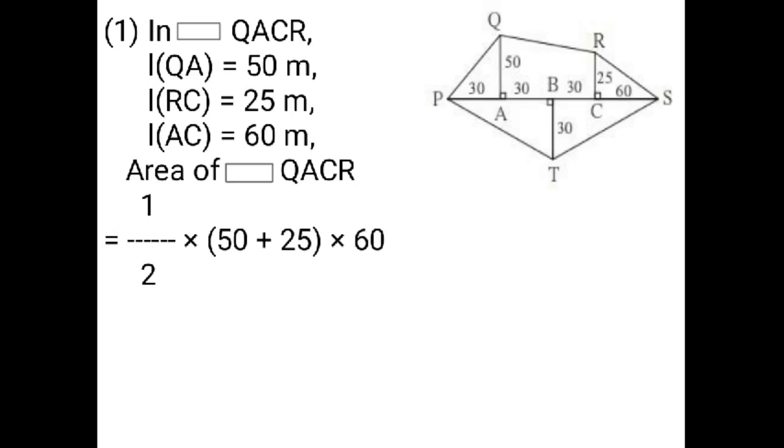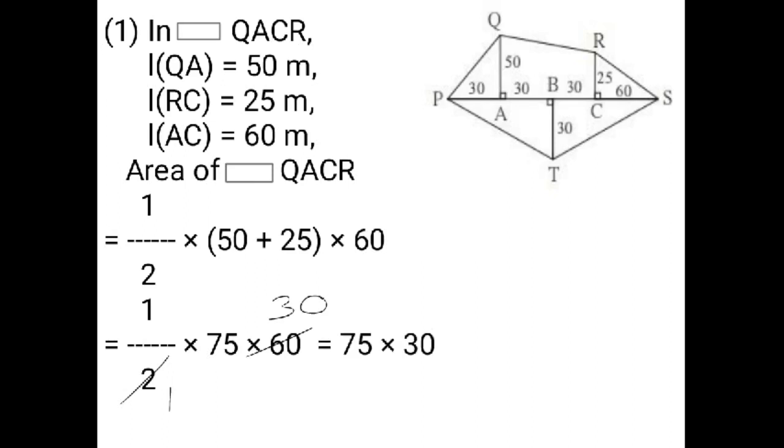You have to add in bracket next step. That is equal to half into 50 plus 25, how much? 75 into 60. Now you have to do two table cancellation. 2 ones are 2, 30s are 60. That is equal to 75 into 30. Now I will multiply this number 75 into 30.